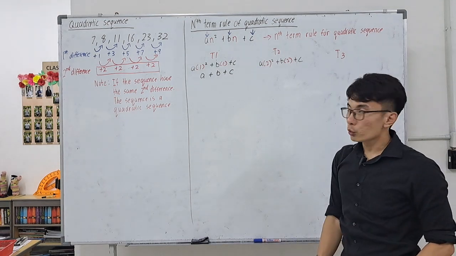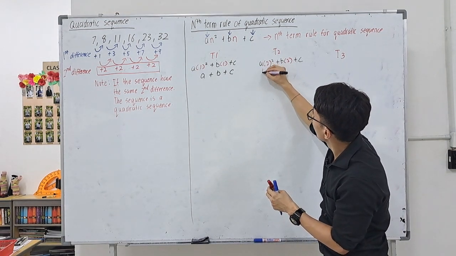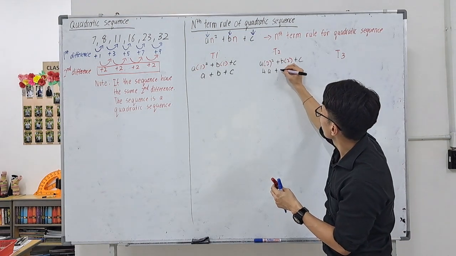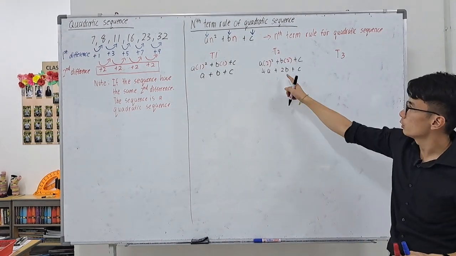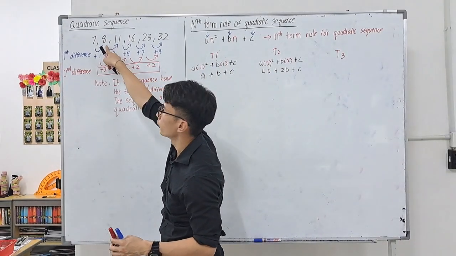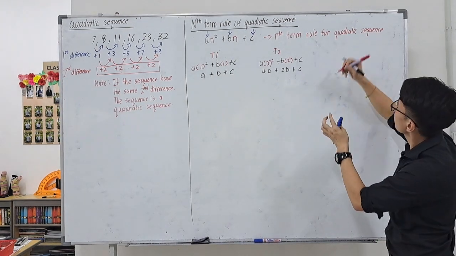So I expand this, I should get 4A plus 2B plus C. This expression is representing the number 8 over there. Last one, for term number 3.